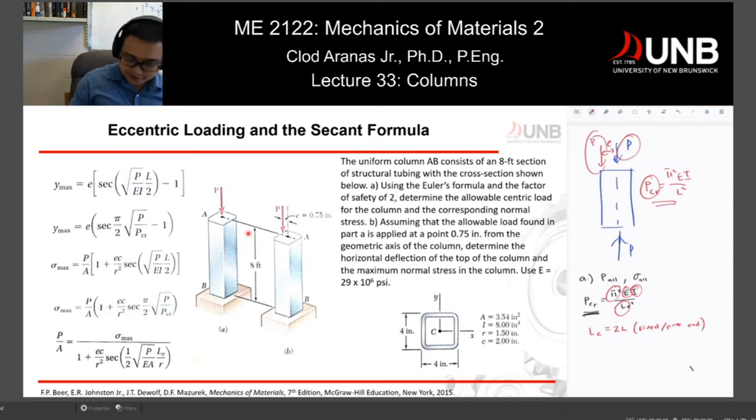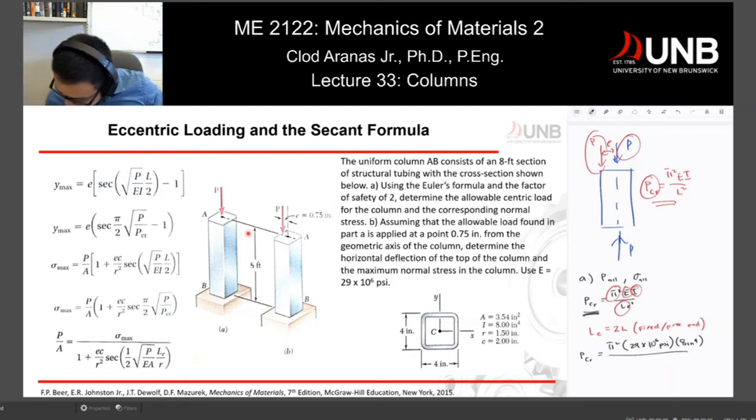So now let's calculate the number so that we can get the critical load. PCR is equal to pi squared times 29 times 10 raised to 6 psi, times 8 inches to the fourth, and then divided by 192 inches squared.